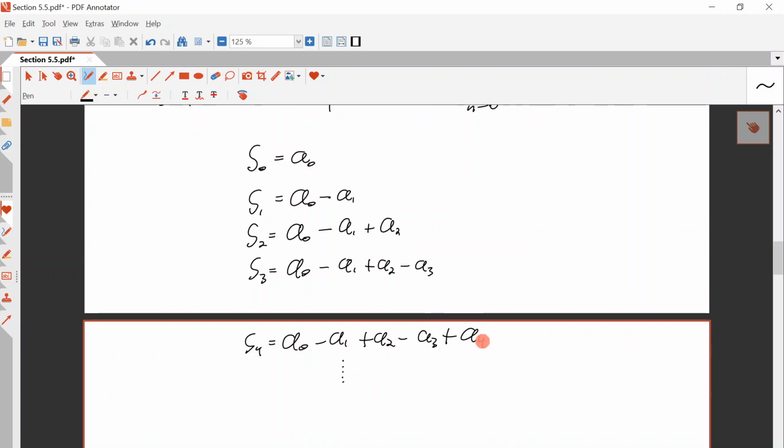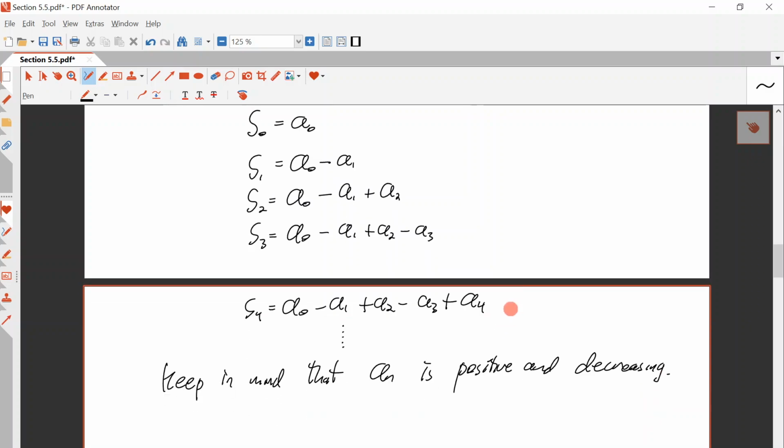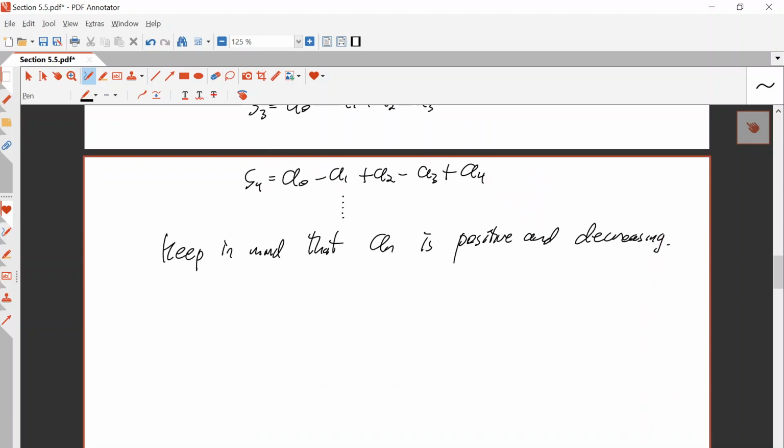And keep in mind that a_n is positive and decreasing. Therefore, the partial sums on the number line look as follows.